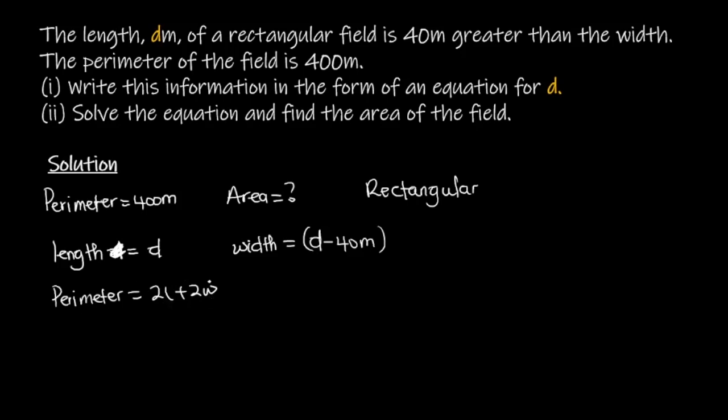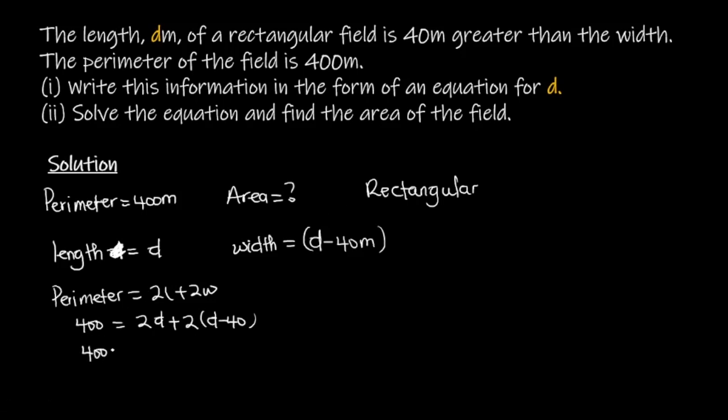So the perimeter we were told is 400, which is equal to 2 times the L, which is D, plus 2 times the W, which is D minus 40. So this becomes our equation. From here we can proceed to solve the problem.